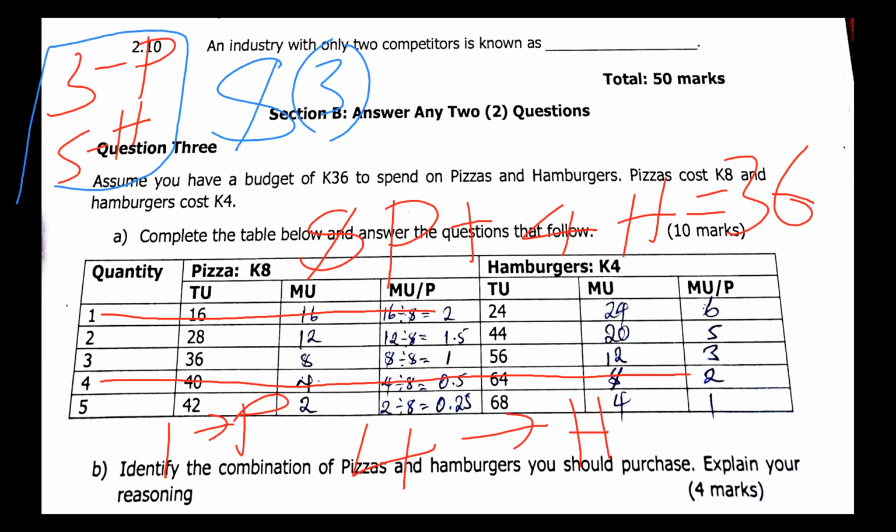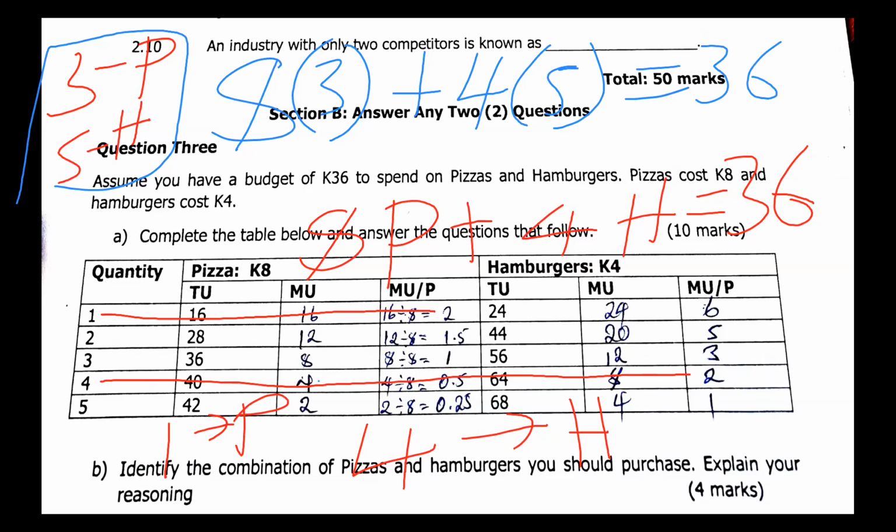The quantity of pizza is 3, isn't it? Plus 4 times the quantity of hamburgers is 5, right? Equal to 36. We want to check whether this condition is really equal.